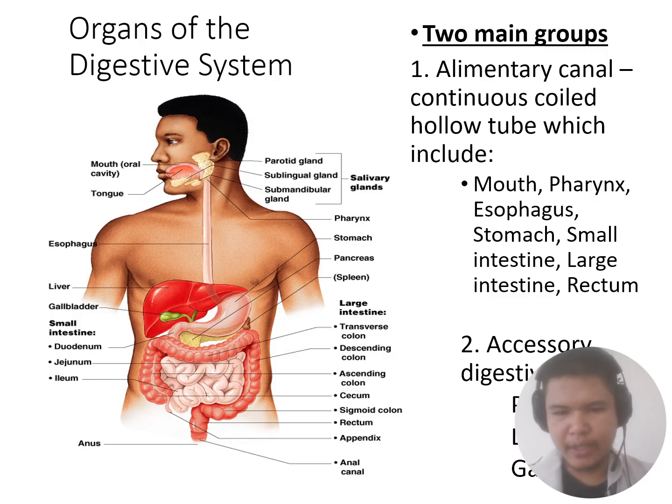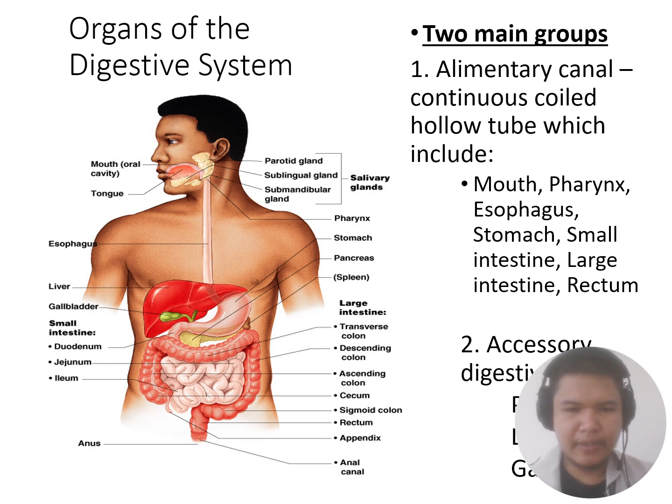Now we have here the accessory digestive organs, which are the pancreas, the appendix, the gallbladder, and liver. There are many other accessory digestive organs, but these are the most common ones.